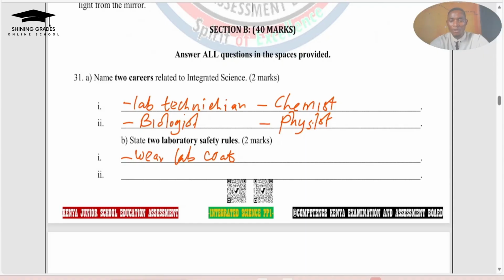You should handle chemicals carefully. We also have, you have to tie your long hair. In case you have long hair, you should use appropriate equipment. You should also avoid eating or drinking anything in the lab. So those are some of the safety rules in the laboratory.